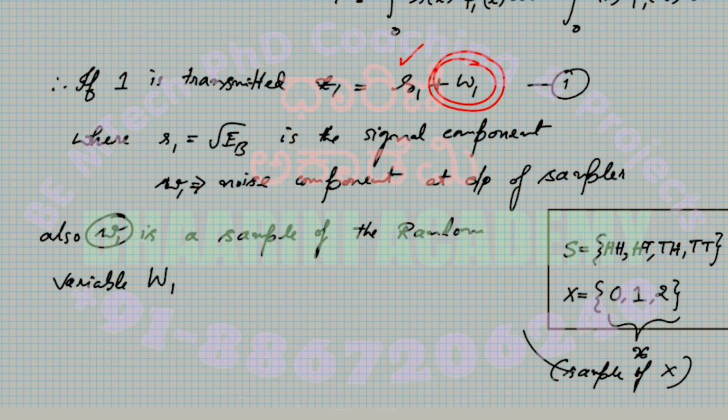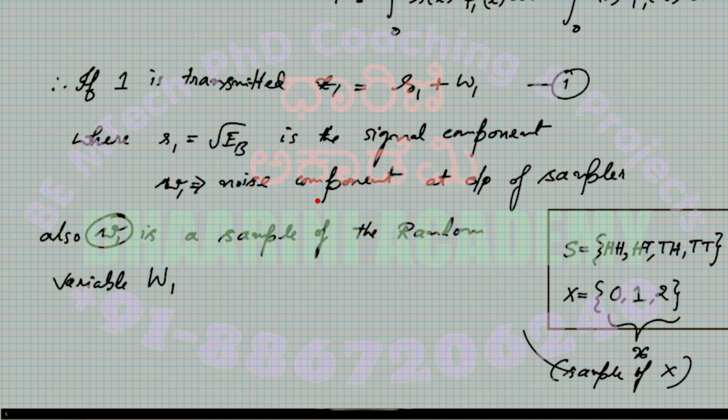When you add a random number to a fixed number, the result will definitely be a random number. So I can make a statement now: small x1 is a random sample of another random process, which is capital X1. Are you okay? That's all.